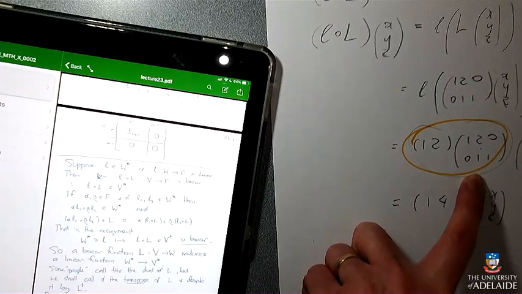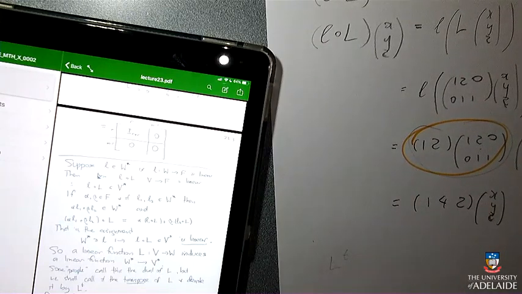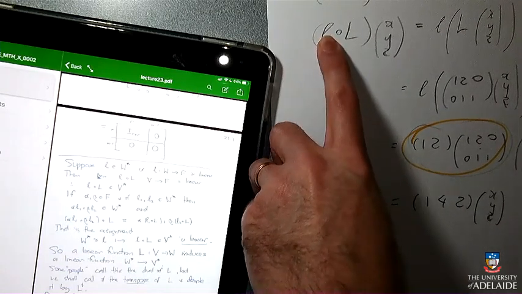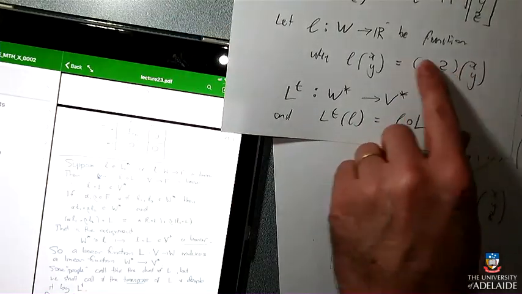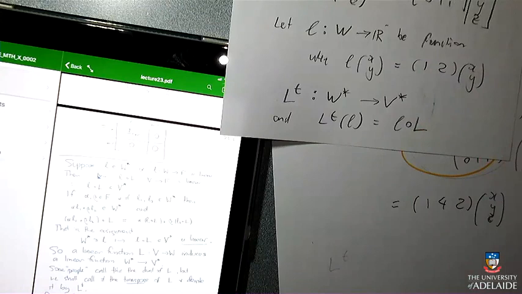So if I was thinking of l as being written in terms of a basis, I would normally think of it as a column vector. That's the key that makes it a transpose. If I wrote little l in terms of the basis 1, 0 times xy and 0, 1 times xy, I would normally write it as a column vector, ignoring the fact that it's a function.